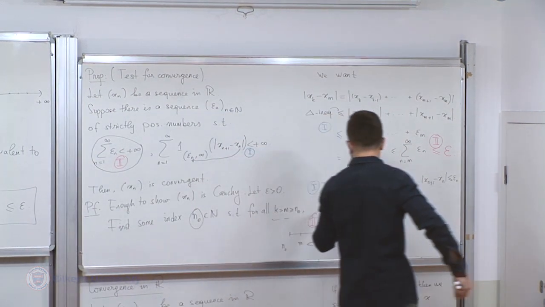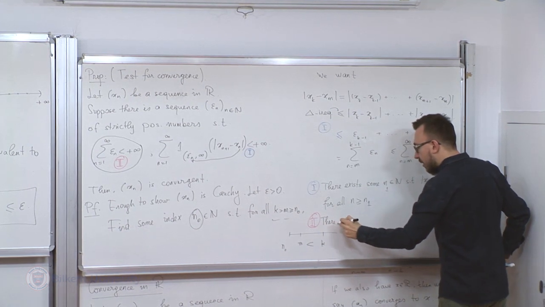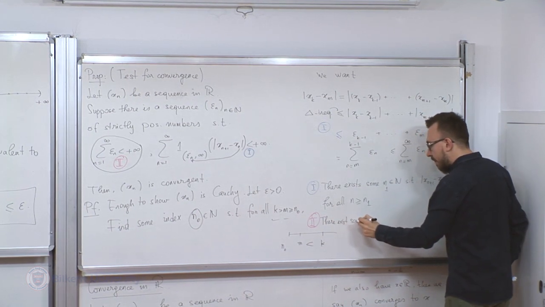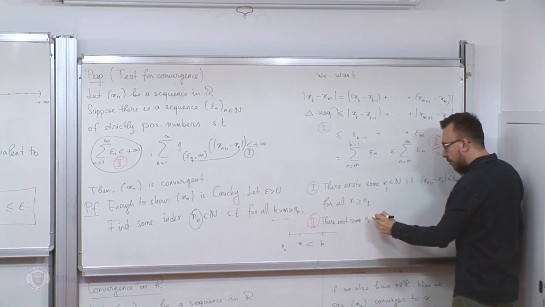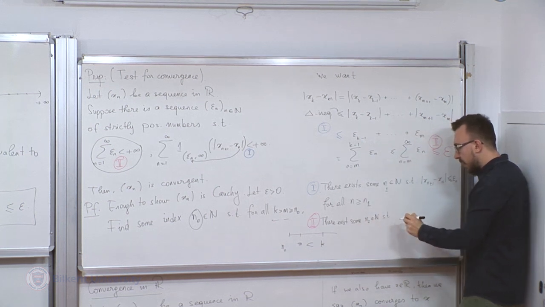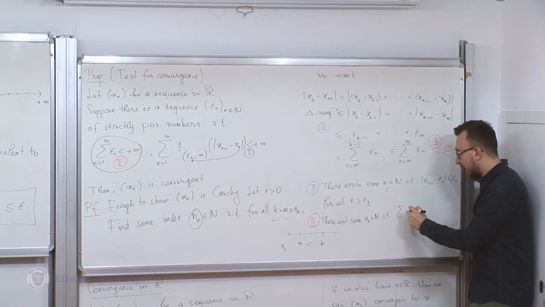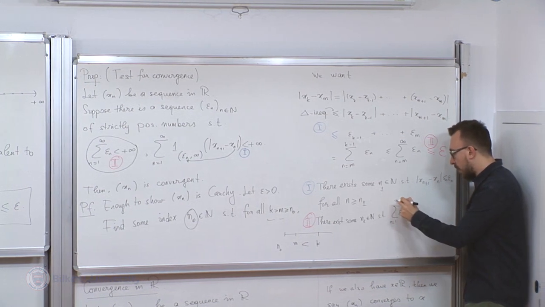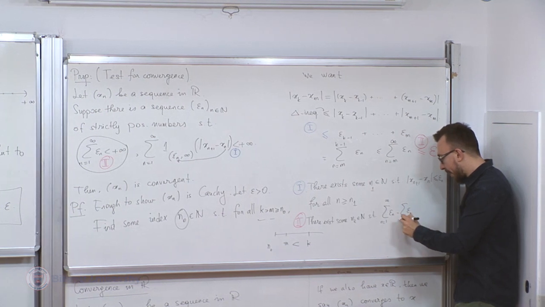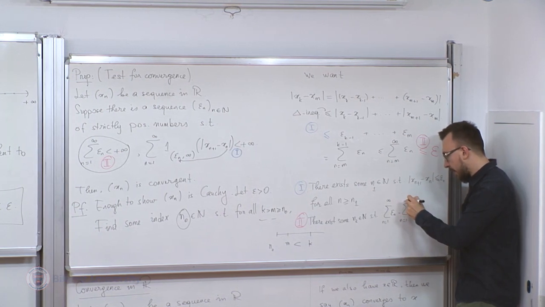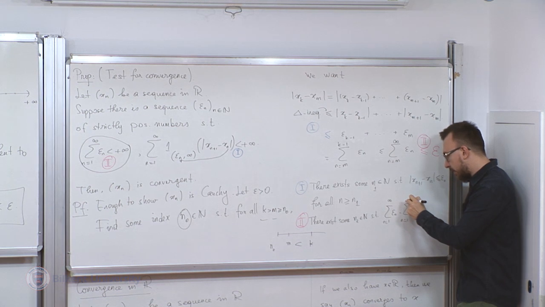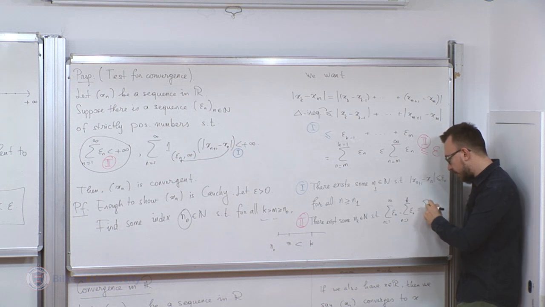So this means there exists some n2 such that the difference between the limit and the finite sum, let's call it k minus 1, and then this is going to be k, right?